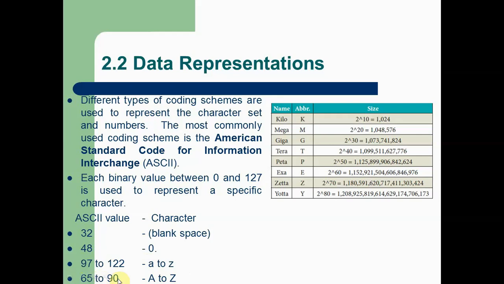From 65 to 90, numbers are allotted to capital letters A to Z. It means when the user gives input, namely small letter a, then the data a is converted into 97, and then it is converted into binary digits. Next, if the user gives the input capital letter A, then the system converts this capital letter A into 65, and then it converts into bits, for an easy conversation between the user and the machine.